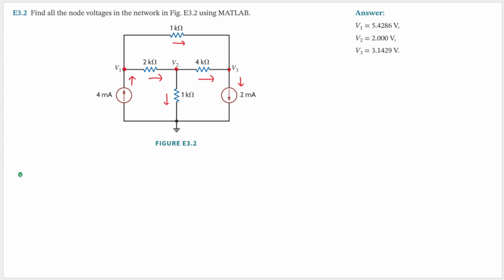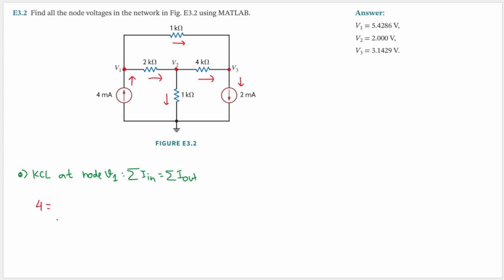The first thing that we need to do is KCL at node V1. What does KCL say? KCL says that the sum of the current that goes in will equal the sum of the current that goes out. The only current that goes in is this one here, and that value is 4 milliampere.